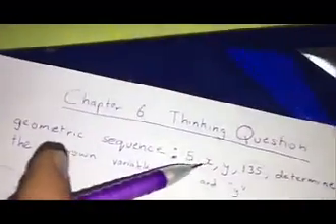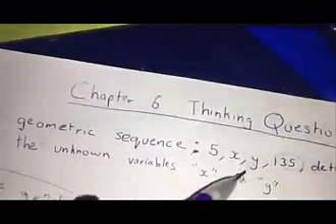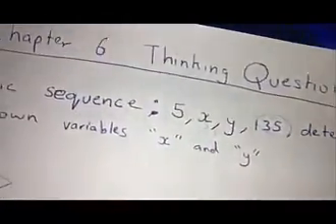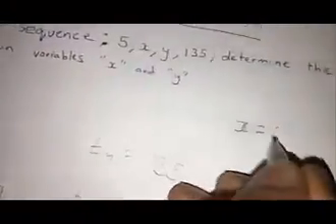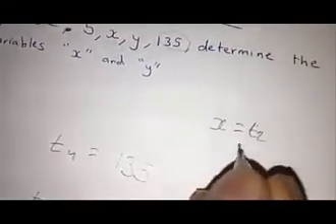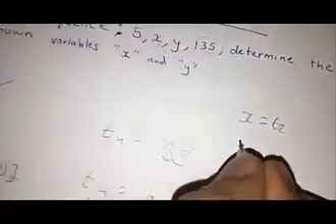And since up here in the sequence that they gave us, T2 is x, so we know that x is equal to T2, and T2 we just found out is 15, so x is equal to 15.